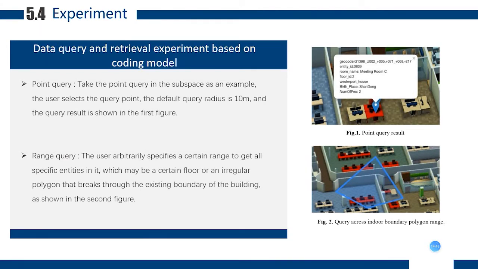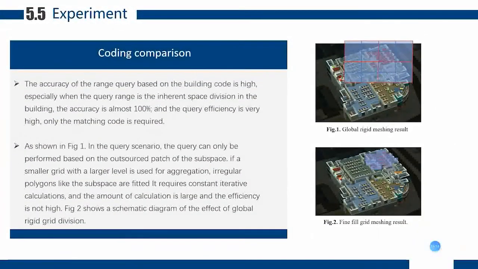If a smaller grid with a larger neighbor is used in aggregation, and irregular polygons like the subspace are fitted, it requires constant iterative calculations, and the amount of calculation is large and the efficiency is not high. Figure 2 shows a schematic diagram of the effect of global rigid grid division.